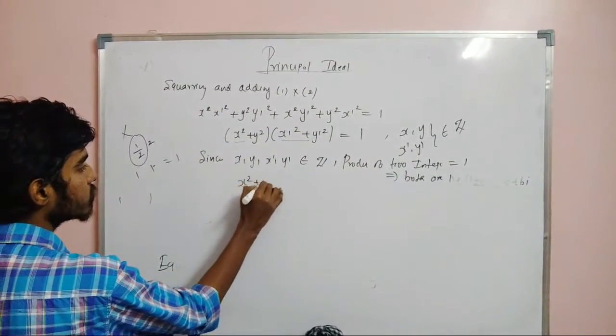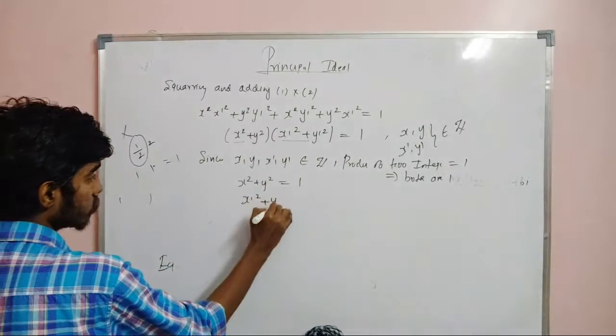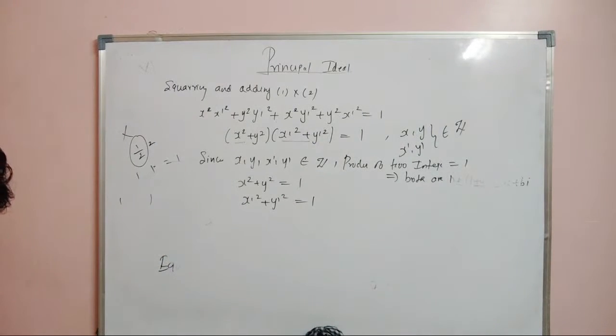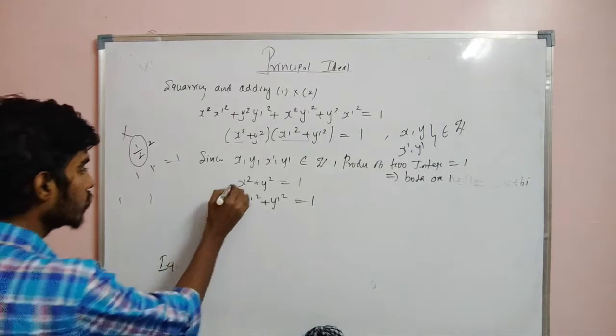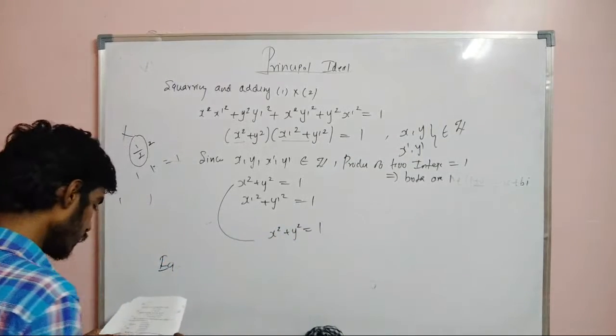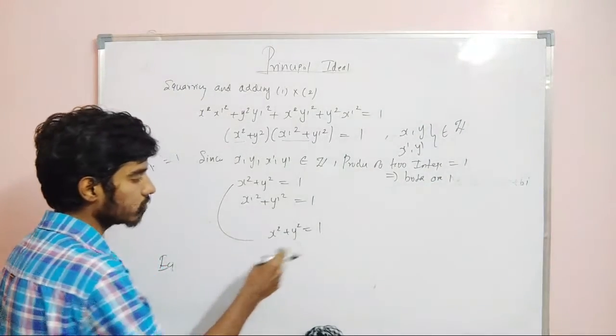Therefore what we can conclude is x square plus y square has to be equal to 1, as well as x' square plus y' square also has to be equal to 1. We need to find x and y, so x square plus y square is equal to 1. What are the possibilities for x and y?